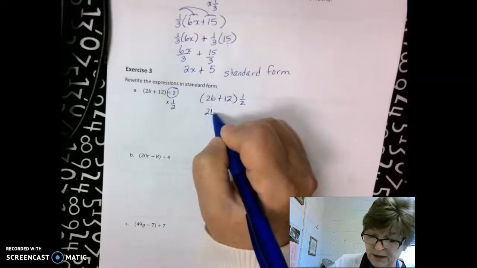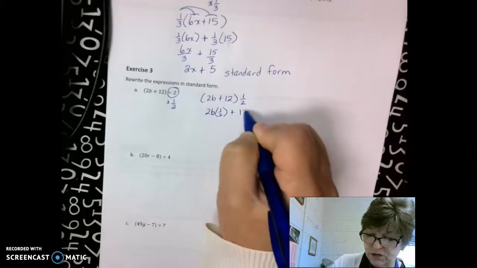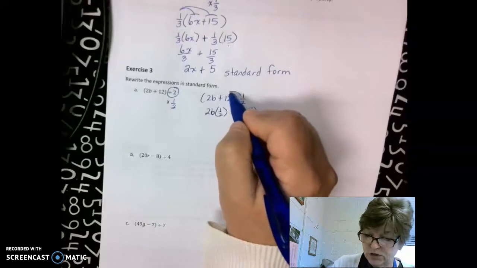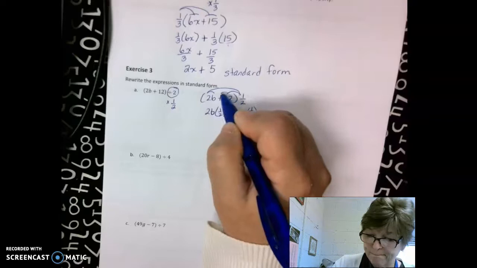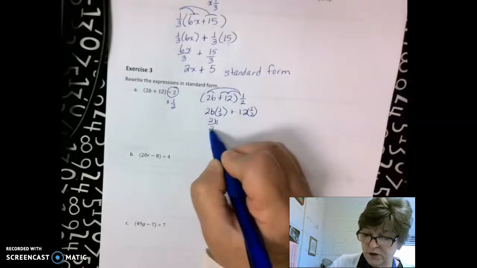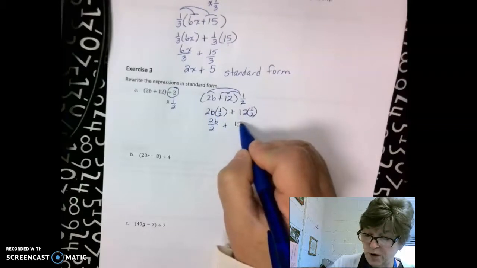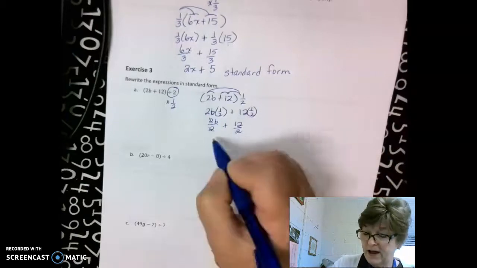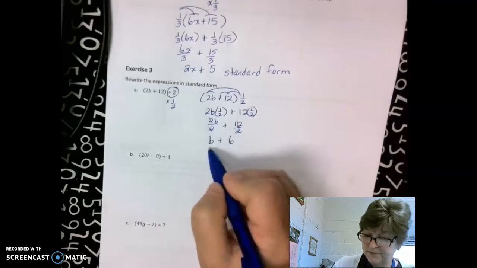So we get 2b times 1/2 plus 12 times 1/2. So we're just distributing in this way. 2b over 2, because 2b times 1, plus 12 times 1, divide, and you get b plus 6.